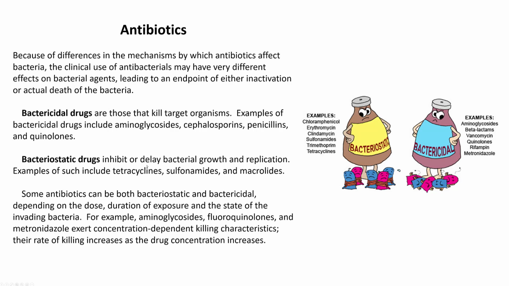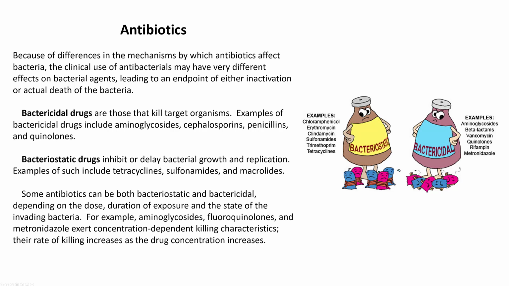So it's important to know and distinguish between broad spectrum and narrow spectrum because it's a very common thing in treatment of patients. Now, antibiotics, because of the different mechanisms by how they affect the bacteria and how the bacteria actually respond to it, we can have bactericidal drugs, and those that kill target organisms. In other words, cidal is death. Examples of these are aminoglycosides, cephalosporins, penicillins, quinolones.